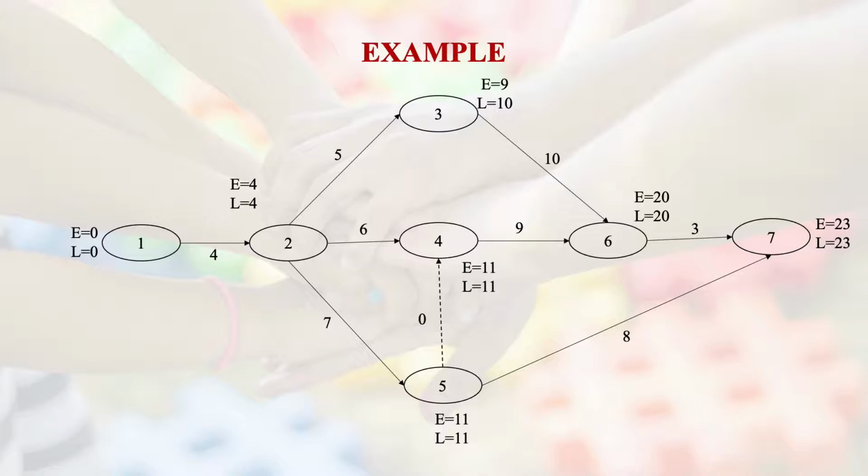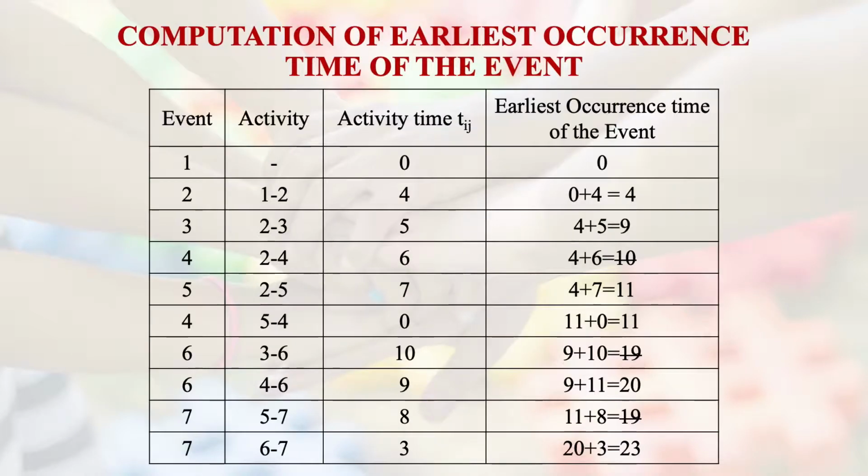Now, before we go to the reverse cycle, that is the latest completion occurrence time, we go back. Before we do that, let's look into this particular slide: computation of the earliest occurrence time of the event. For event 1, there was no activity.